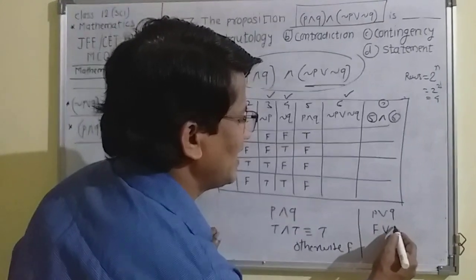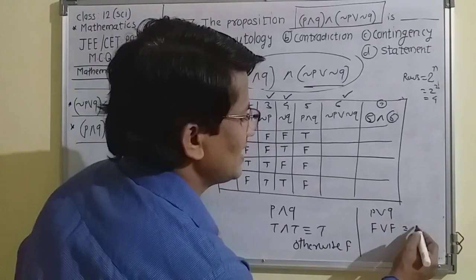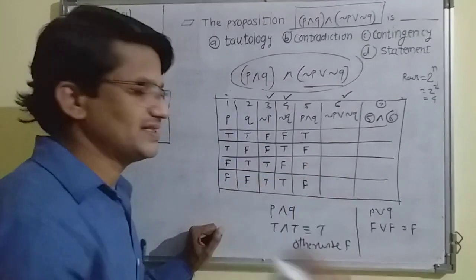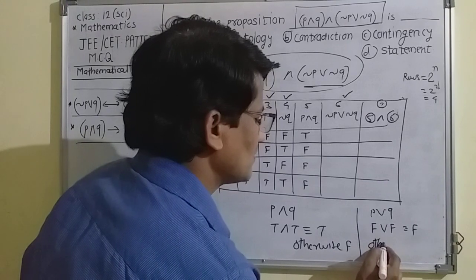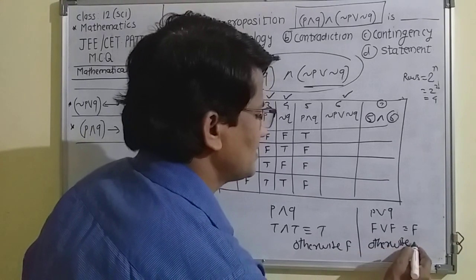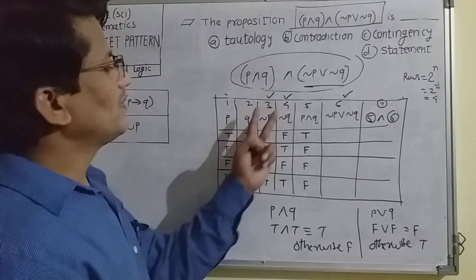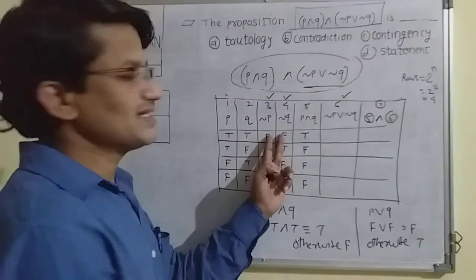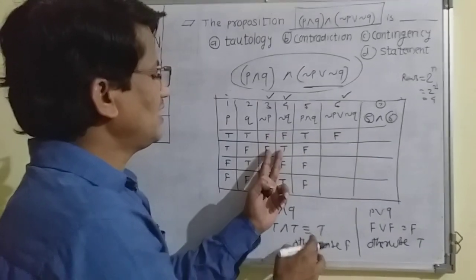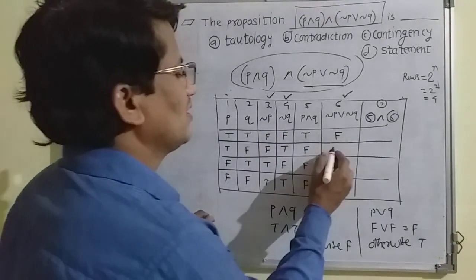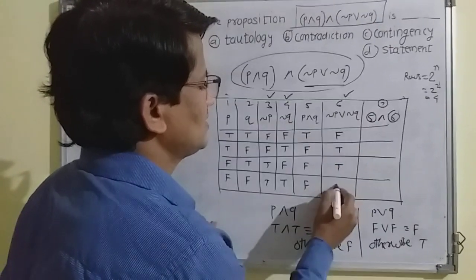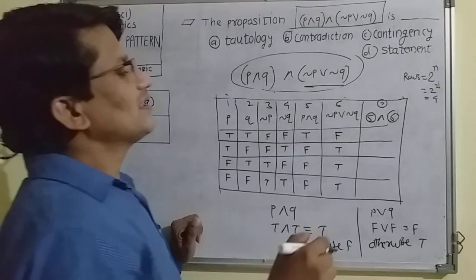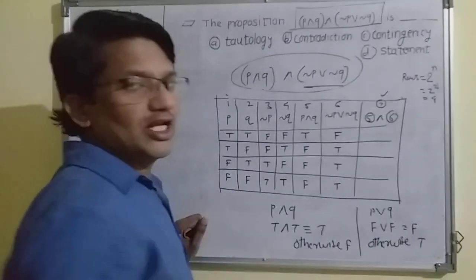F or F, result is F. If double F is there, result is F, otherwise T. Come like this from top to bottom. Here double F, result is F. Here double F, not here, not here, not here. All will be T.